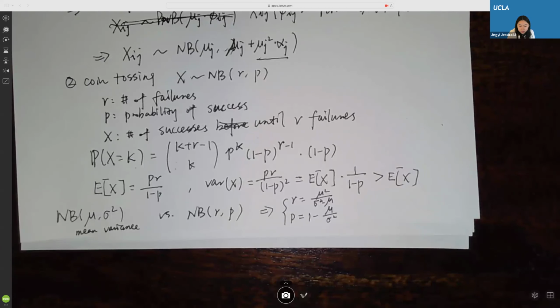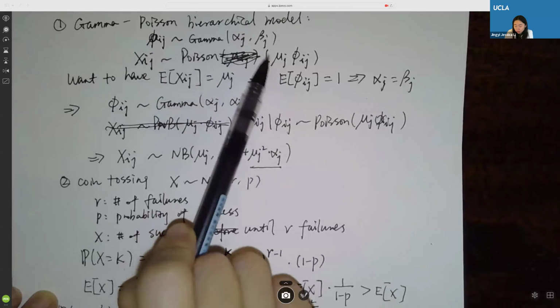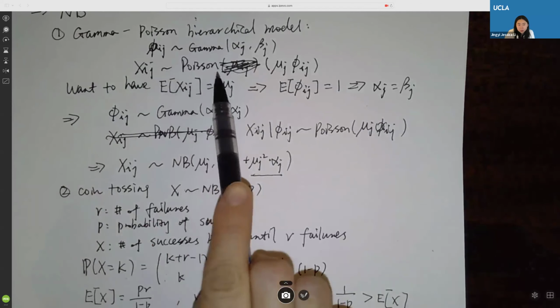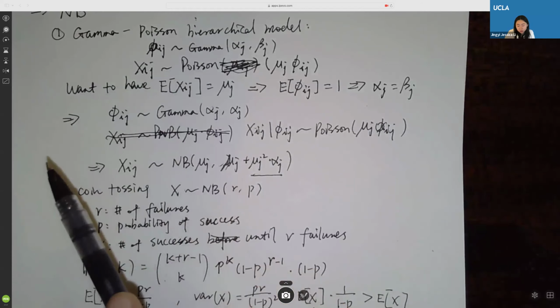So the NB and gamma hierarchy is a way of characterizing count data. So negative binomial is for count data. This gamma Poisson hierarchical model is a nice way to interpret negative binomial, or it's one way to derive negative binomial, because we are using Poisson as the count generation.